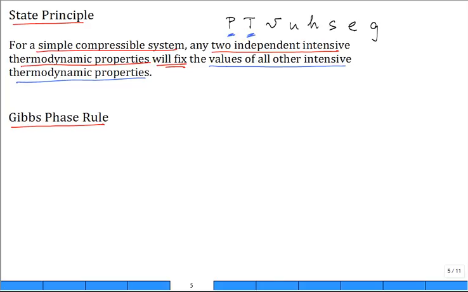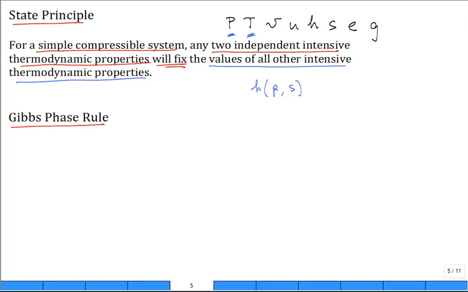And then we go and evaluate all these others. But every now and then we have to evaluate H as a function of pressure and entropy, as long as pressure and entropy are independent. That's the state principle.